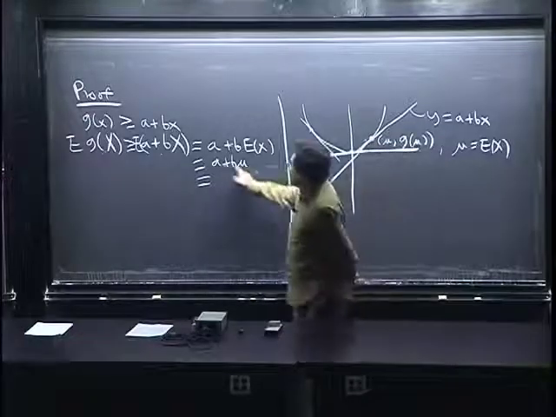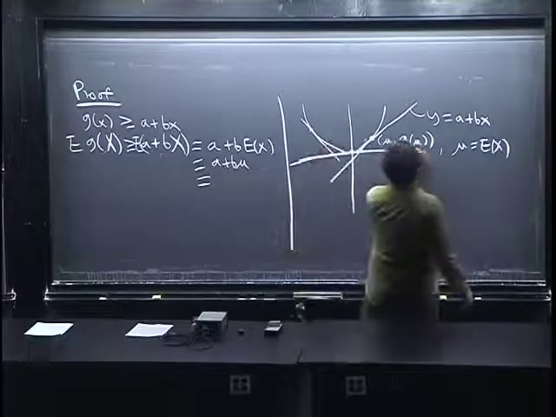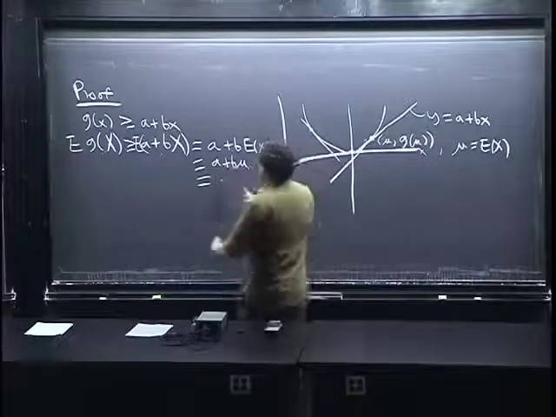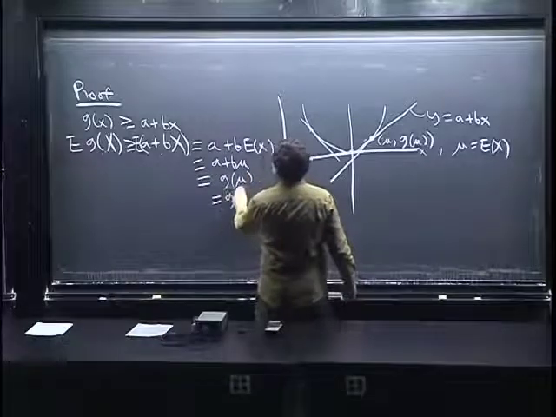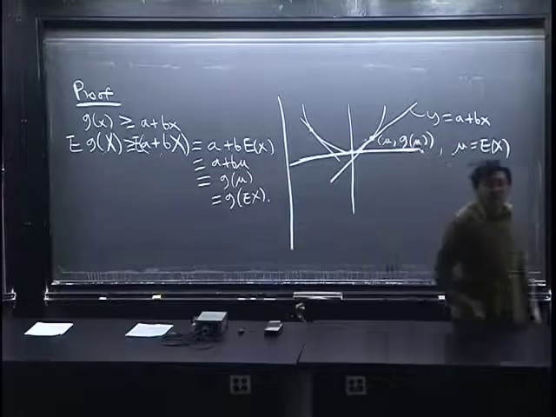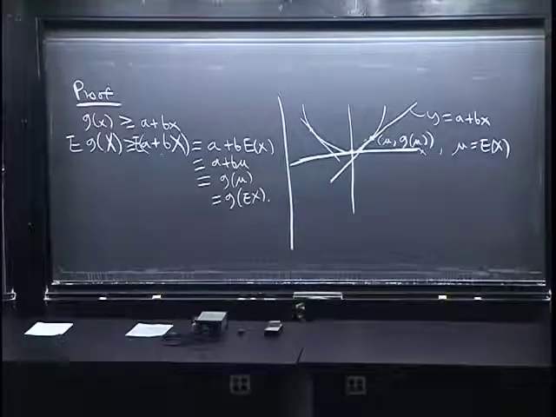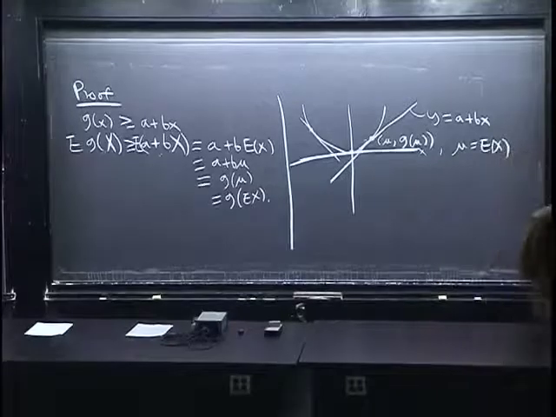So at that point where x equals mu, that's the same thing as g of mu, which by definition is g of E of X. So that's Jensen's inequality. It's a pretty short proof once you have the geometric picture in mind.